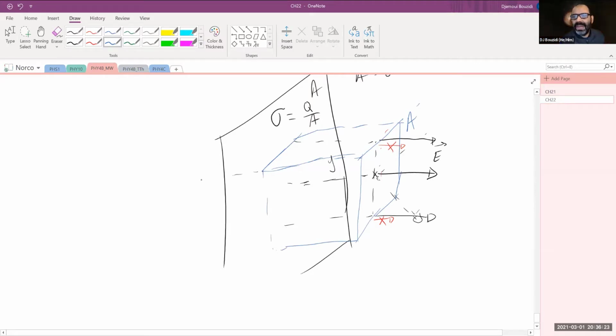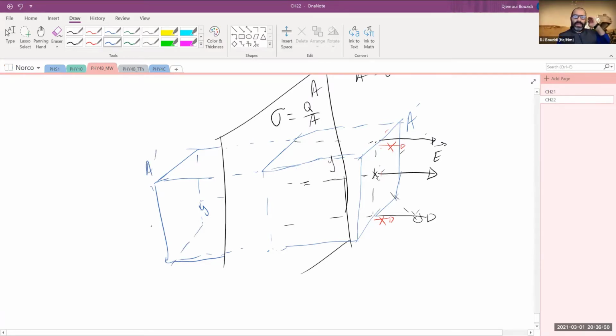And by symmetry, I'm going to extend this one to the other side of the surface, because I cannot end it on the metal, so I need to extend it somehow, and I need to retain this symmetry. So for me to retain the symmetry, I really have to go a distance. If you call it this one y, this one actually is a distance y from the other side. Okay, and this area is the same as my other area A prime. Hopefully you guys saw the symmetry.